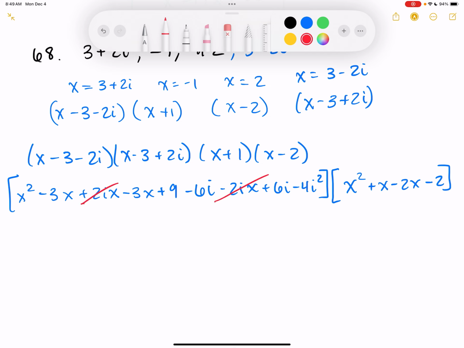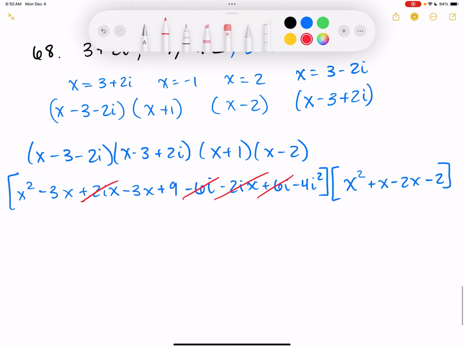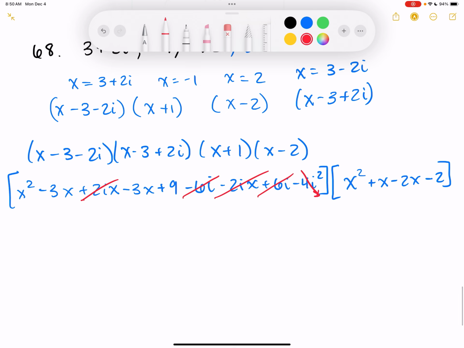So I'm going to get rid of that. I've got a minus 6i and a plus 6i, so those are going to cancel. And then I've got this negative 4i squared. i squared is negative 1, so that's going to be negative 4 times negative 1, which is going to become a positive 4. So I'm just going to go ahead and make note that that's going to become a positive 4.